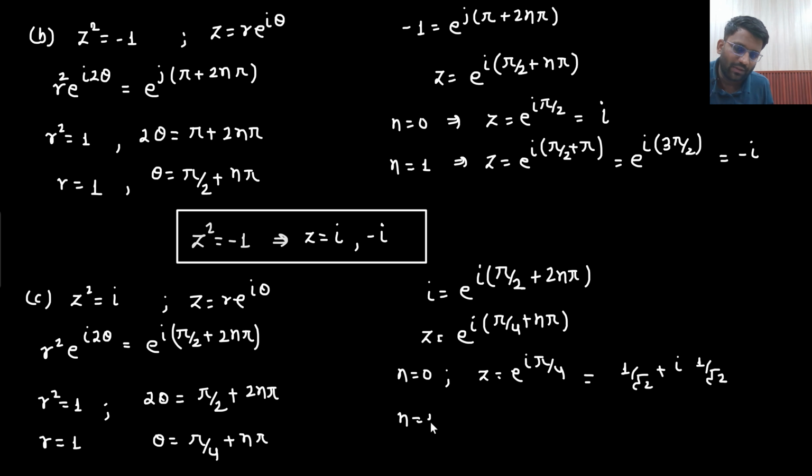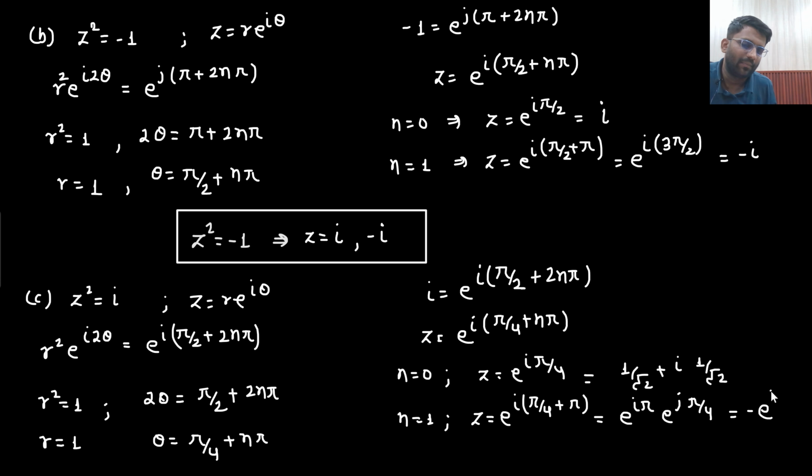And what about n equals 1? If I put n equals 1, e to the power iota (pi by 4 plus pi). So that would be e to the power iota pi by 4 times e to the power iota pi. What is e to the power iota pi? E to the power iota pi is, sir, nothing but minus 1. So it is coming out to be minus e to the power iota pi by 4. You have already calculated this value. What is the answer you will get?